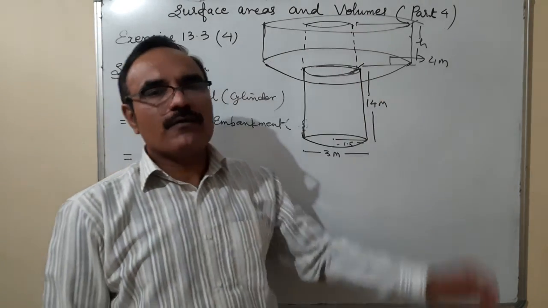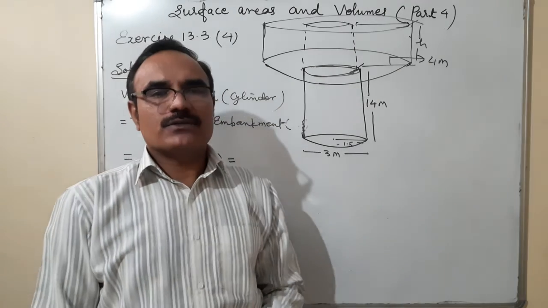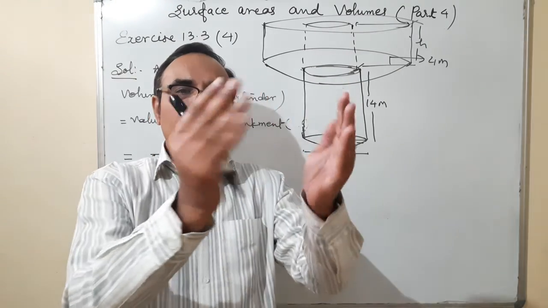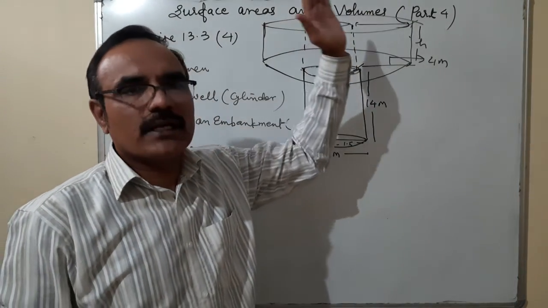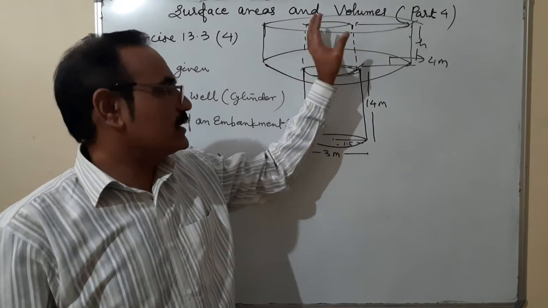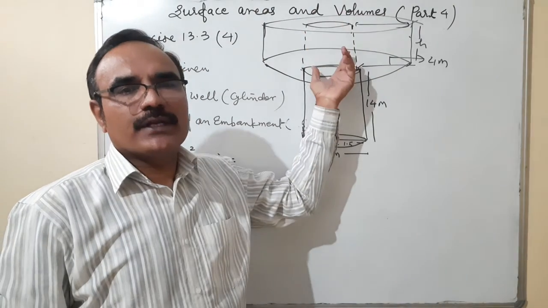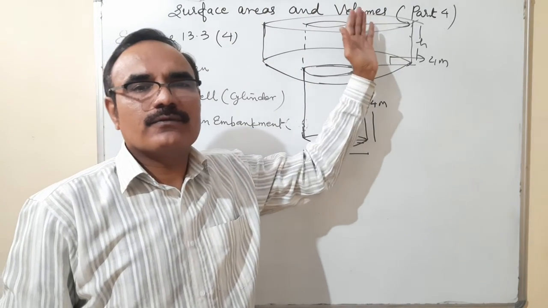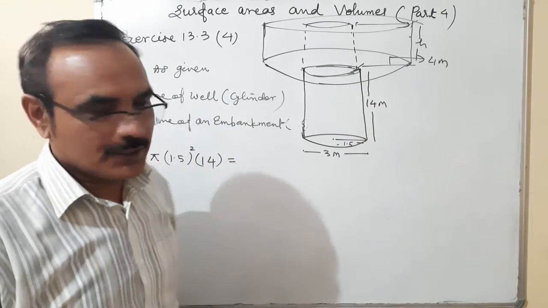How to find this volume of an embankment? When we find the volume of an embankment, it means the volume of the outer cylinder minus the volume of the inner cylinder. If I find the volume of the outer cylinder, we get the complete material in it, minus the volume of the inner cylinder because nothing is there, it's air space. So volume of outer cylinder minus volume of inner cylinder is equal to the volume of earth taken out from the well.